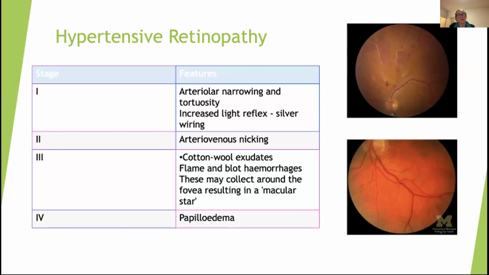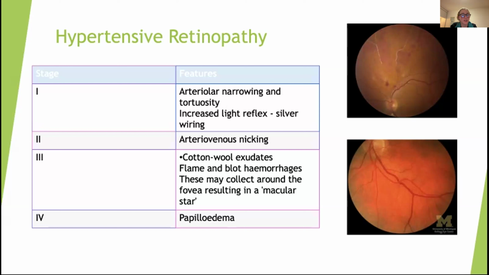Again, the mainstay of treatment for this is prevention and trying to have really good blood pressure control. So it's a good idea to have an understanding of the different stages if you want to. Sometimes you get questions asking you to stage it, but it is quite specific.